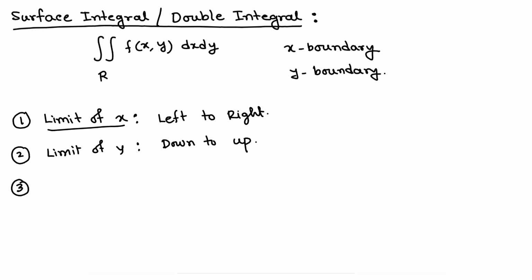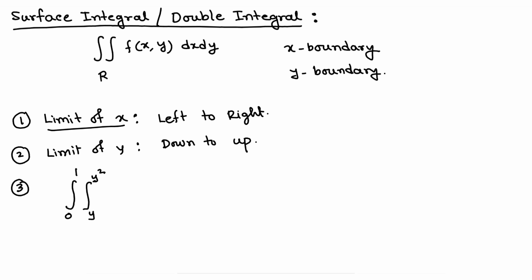Okay, now third point. Suppose you have double integration and let's say the first integration limit is y to y square and the other integration is, let's say, 0 to 1. Suppose we have any arbitrary double integration. Now you have to understand which one is the limit of x and which one is the limit of y.